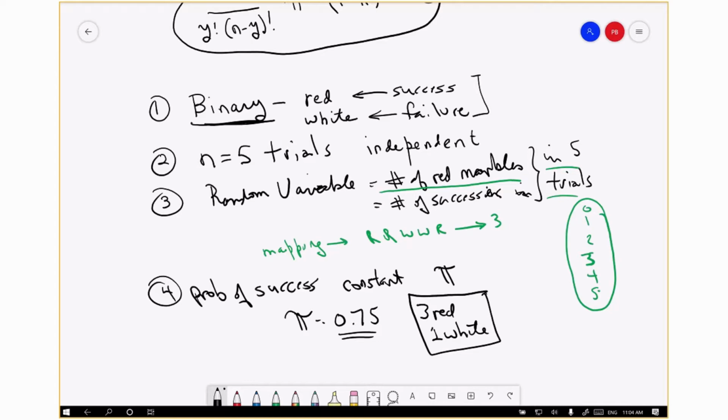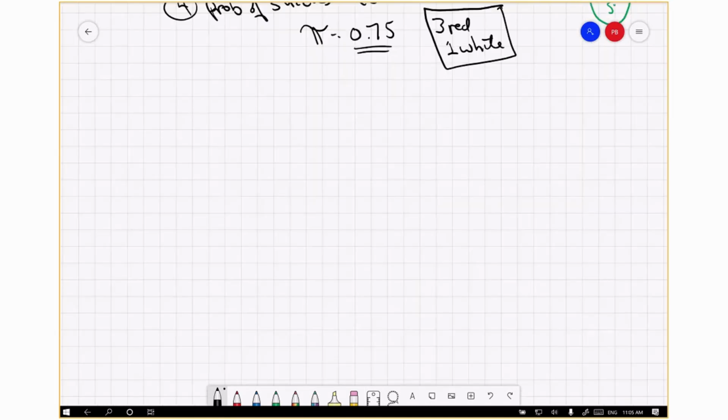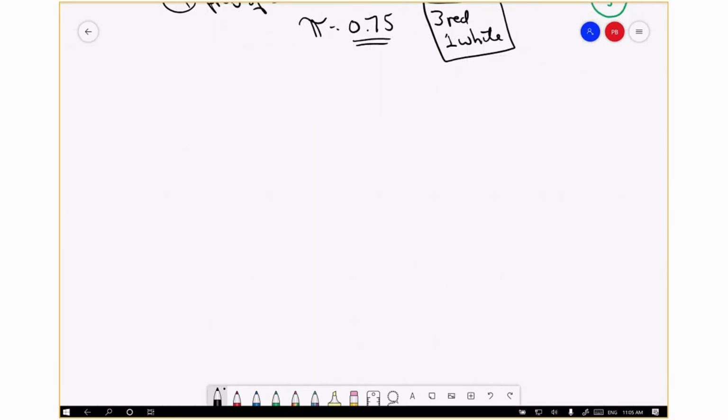So if we now come back to what we're trying to do, which is to understand the probability that y equals some value, I should write this out as the probability that the random variable y is going to have any particular value of y.